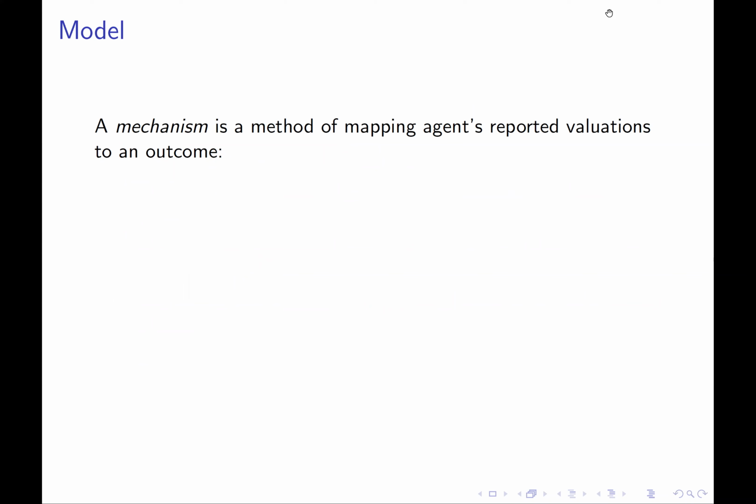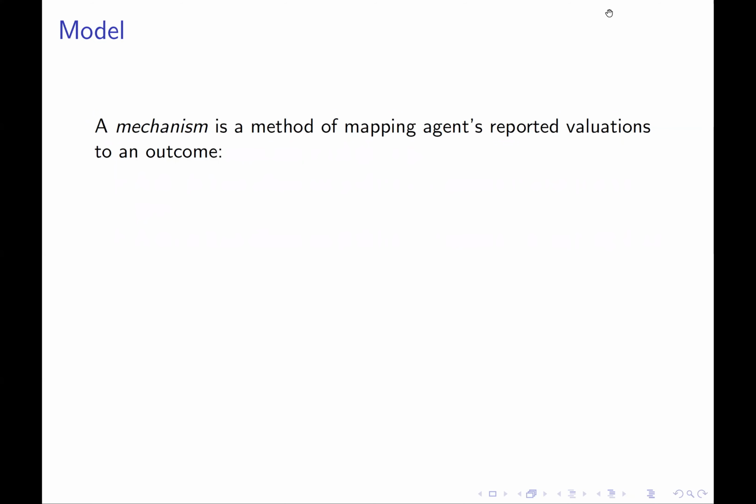Our goal as mechanism designers is going to be to come up with a mechanism that will choose a good alternative. So what's a mechanism? A mechanism is just some algorithm, some function that's going to map the agents' reported valuations to an outcome.